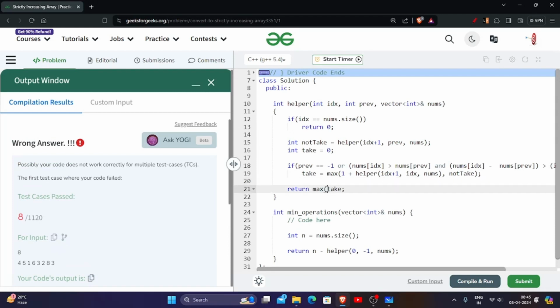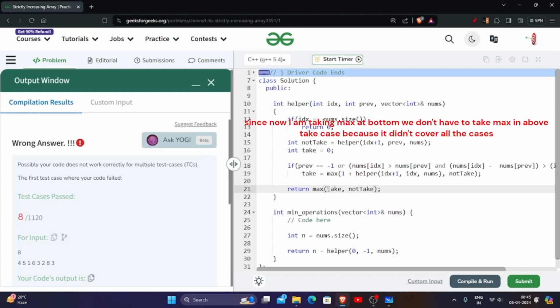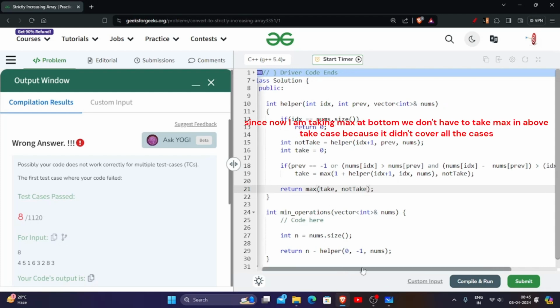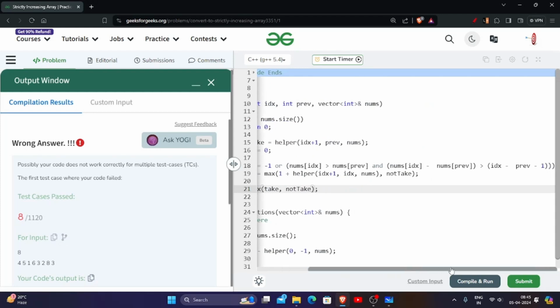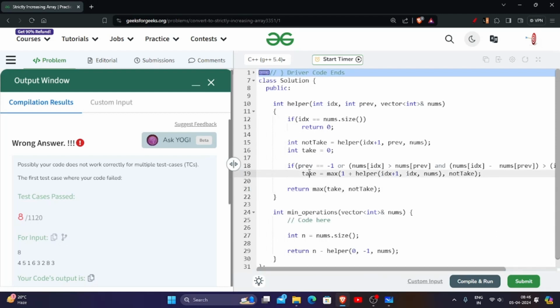That means we have to return max of take comma not take. Let's check one more time that okay, prev equals minus 1 or nums of index is greater than nums of prev, and at the same time nums of index minus nums of prev should be greater than or equal to index minus prev plus 1. If that's the case, take would be equal to max of 1 plus helper index plus 1, index, nums, and not take case.